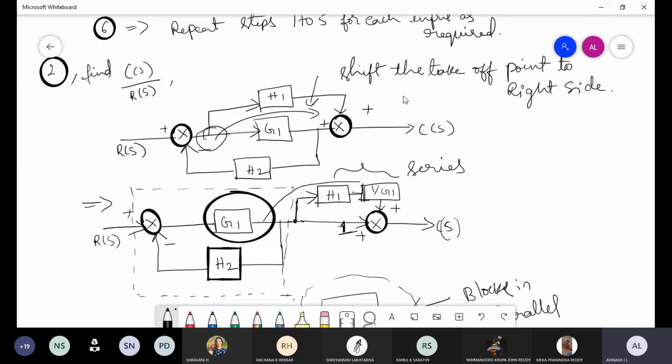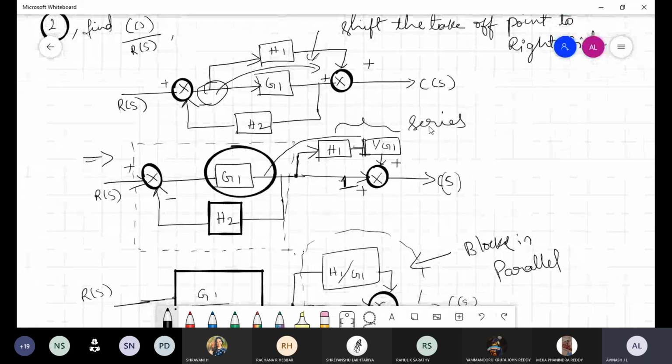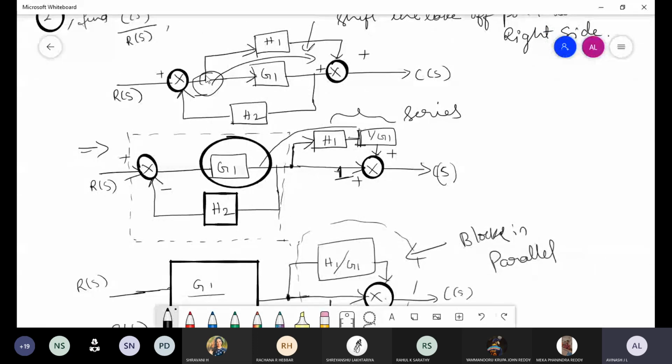Up to this stage, have you all understood? Yes, sir. Now what is the next thing? I have the option of shifting the takeoff point to the right side, because in the steps we have seen that we always try to shift the takeoff point to the right side. It is an understanding people have made while solving block diagrams that if we shift the takeoff point to the right side, 99% you will get the solution very easily.